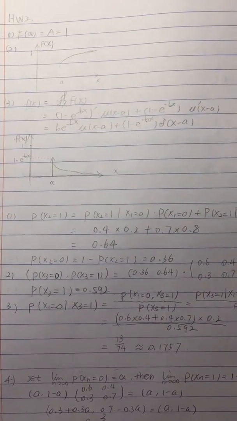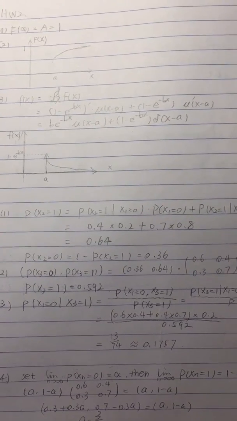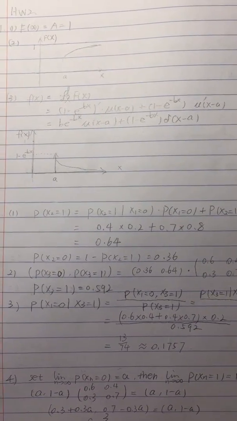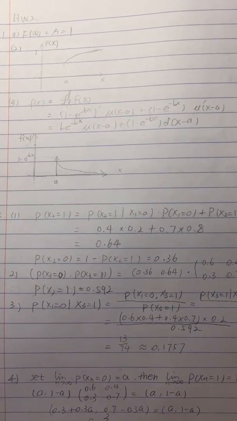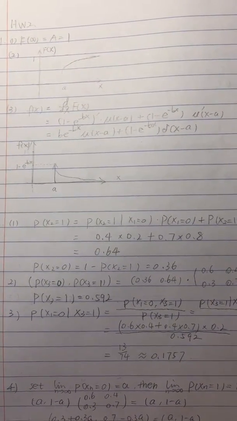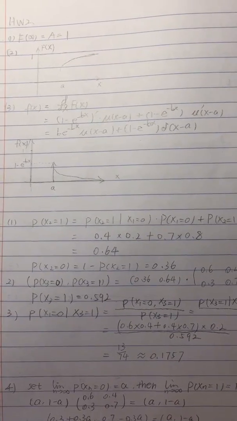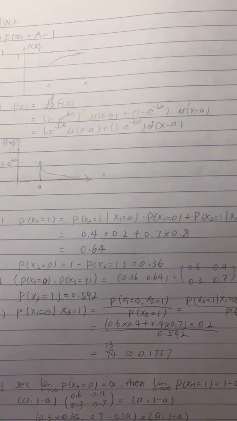The question asks us to find the probability of x3 equals 1. So we can solve for the probability of x3 equals 0 and 1 together.